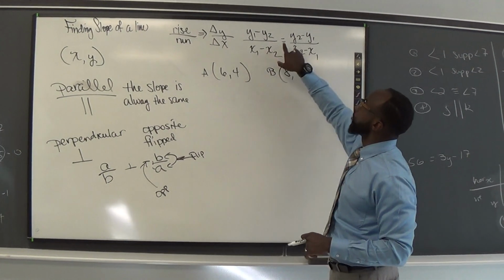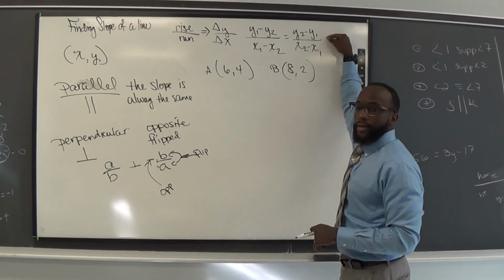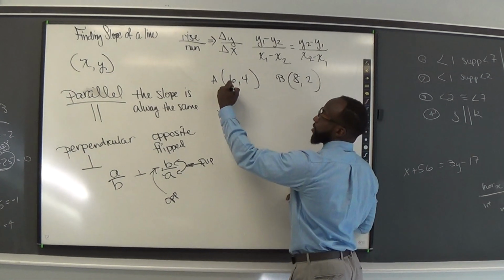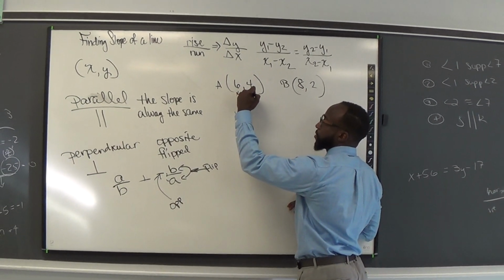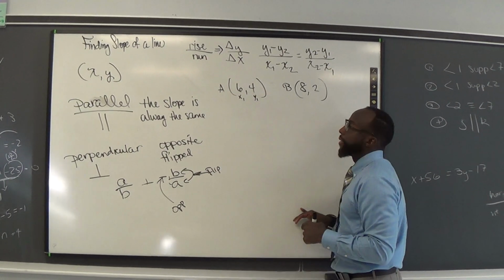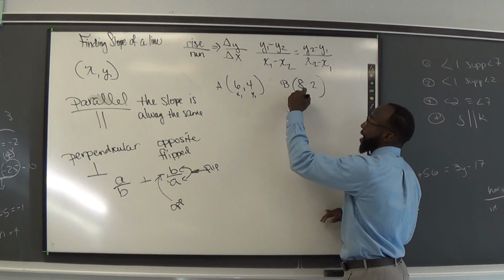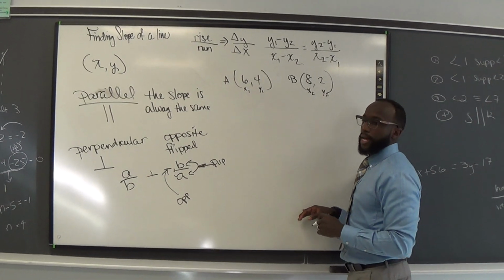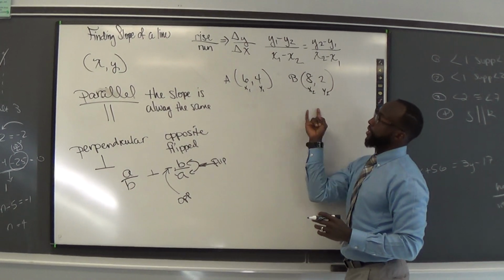So, let us use this formula here: y2 minus y1. You have 2 sets of points, which means you have 2 sets of x's and 2 sets of y's. 6 is x1, 4 is y1. x2 is 8, y2 is 2. So we just substitute these into this formula.